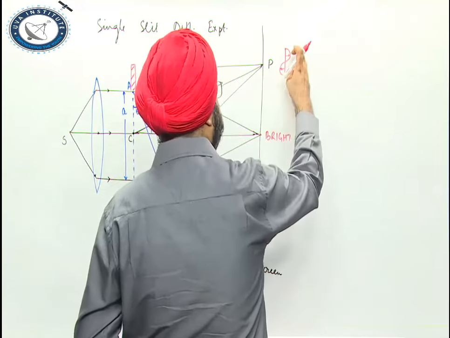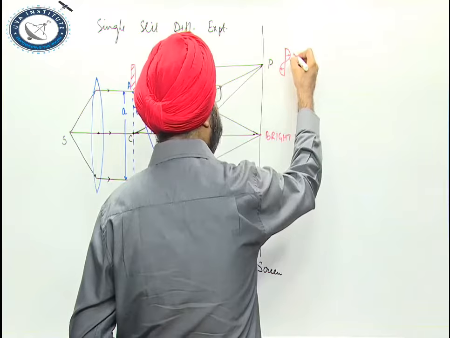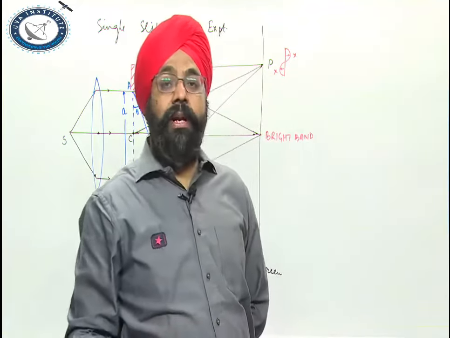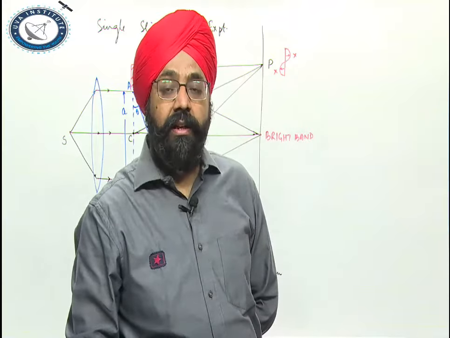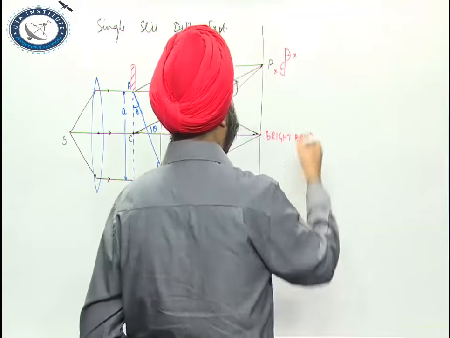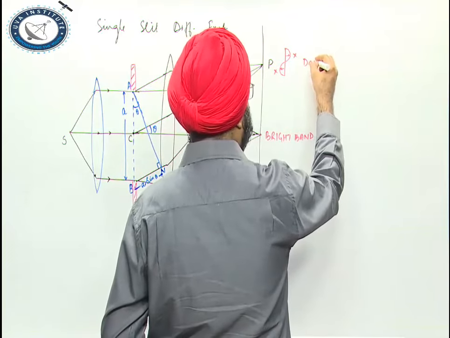So this wave will be cancelled out by this wave. The upper wave will be cancelled out by the lower wave, resulting in zero intensity. Zero intensity means you have got a dark band.